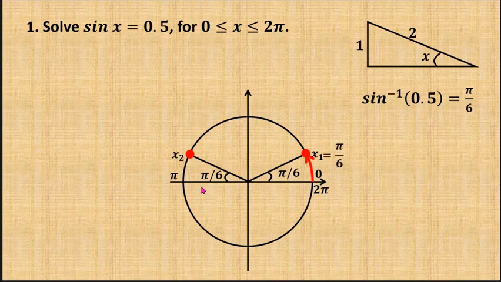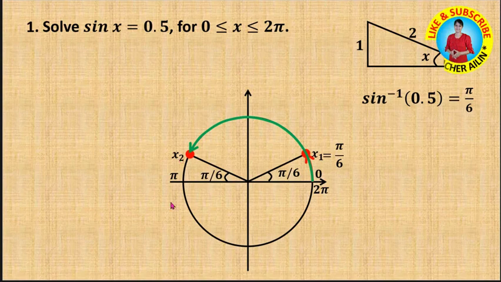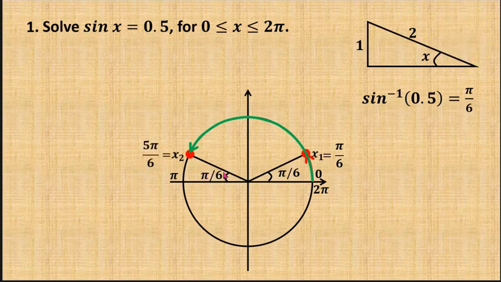Similarly, the value of x2 starts from 0 to x2 in the direction of anti-clockwise. This value can be obtained by using pi minus pi over 6, which is equal to 5 pi over 6. Hence, the values of x are pi over 6 and 5 pi over 6.